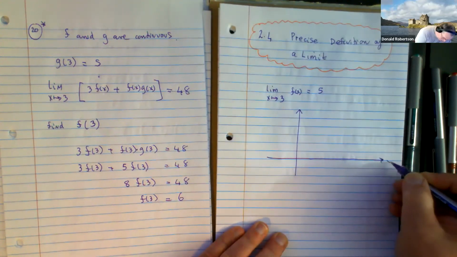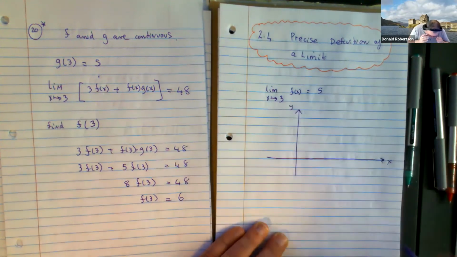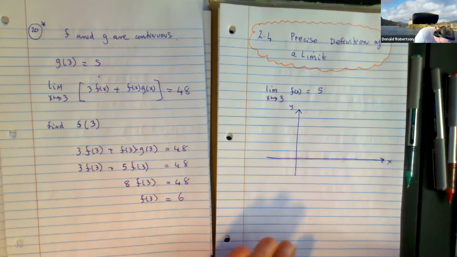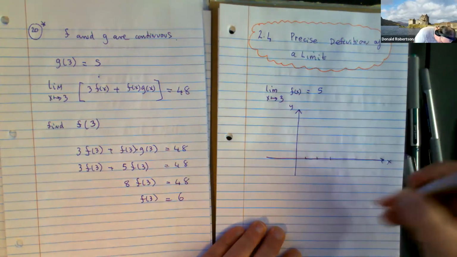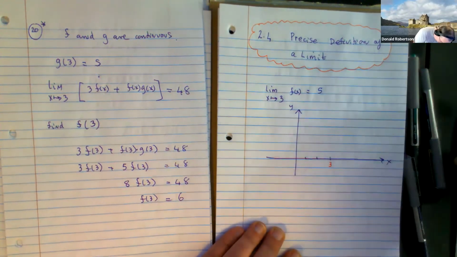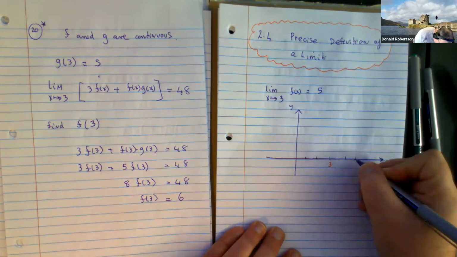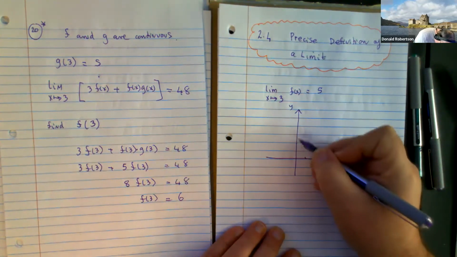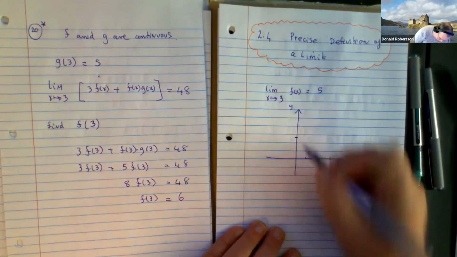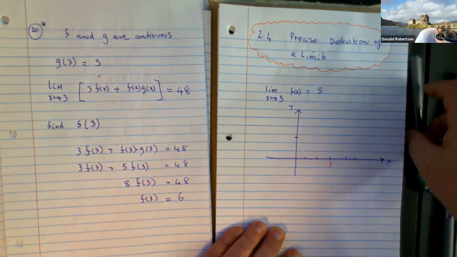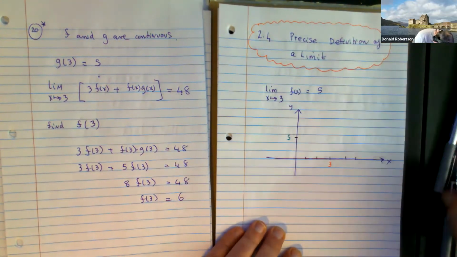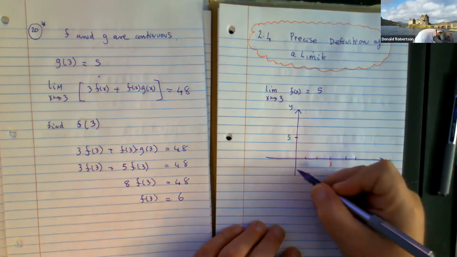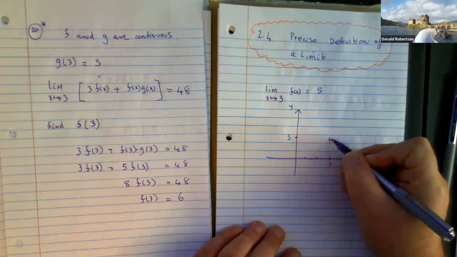So what they would do is say, okay, here is x equals 3, and here is 5, and put a little circle here.